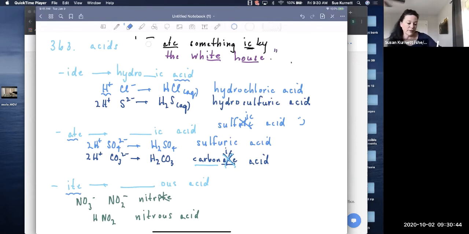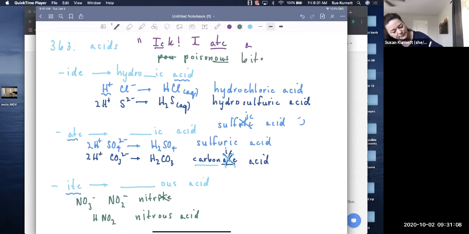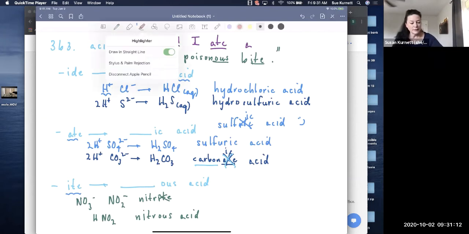Or, if you prefer, I ate a poisonous bite. So, ics come from ates, ous's come from ites.